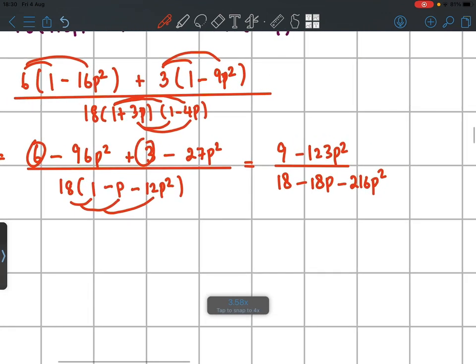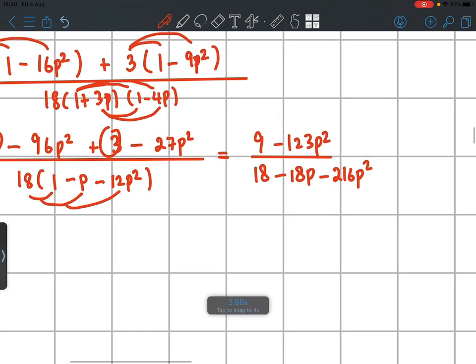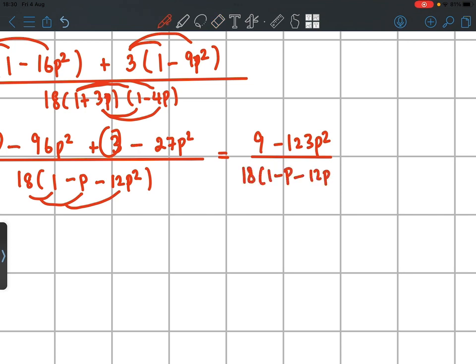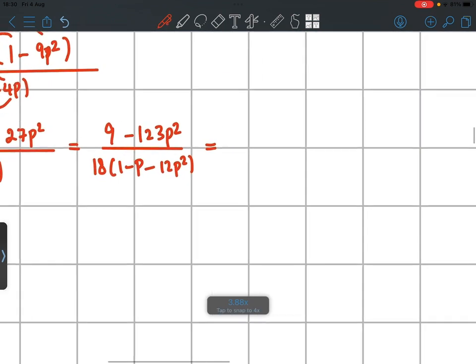Okay, I don't think we can do something. I don't think we can factorize this. Well, let's see. Well, I guess we can factorize this first. Sorry, maybe we can factorize this first, 18(1 minus p). Before I expand the whole thing, let me factorize the numerator.